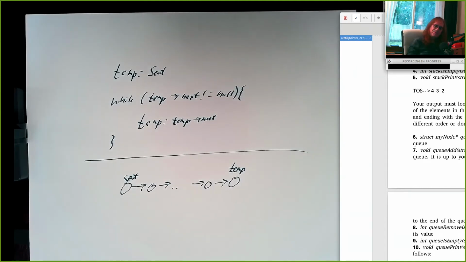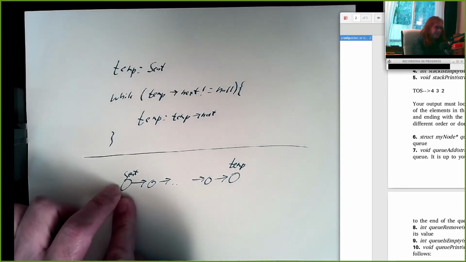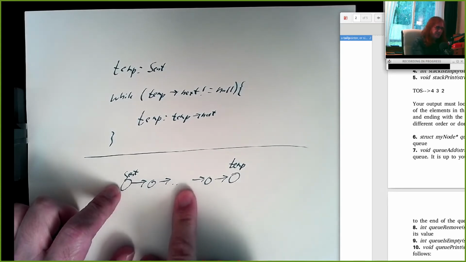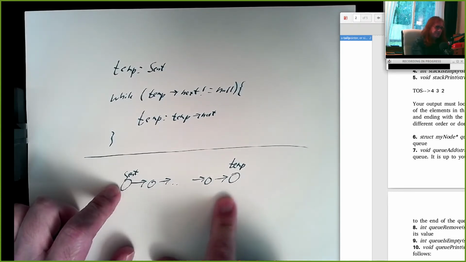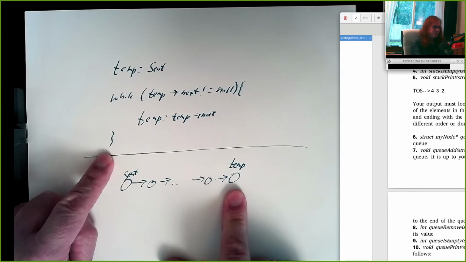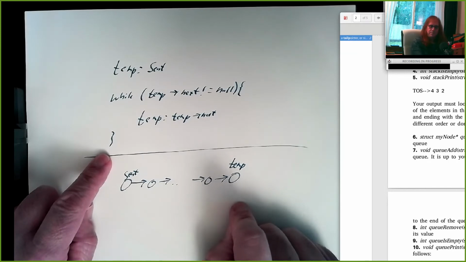We could set up a previous and a current, and then previous would point to it. But we can also make a simpler loop, which simply begins with temp right here. As long as it's pointing to something that's not null, move to that thing it's pointing to. But when we get temp out here on the last node, temp next will be null. We will exit our while loop. And so when we come out of this curly bracket, temp is the last node.